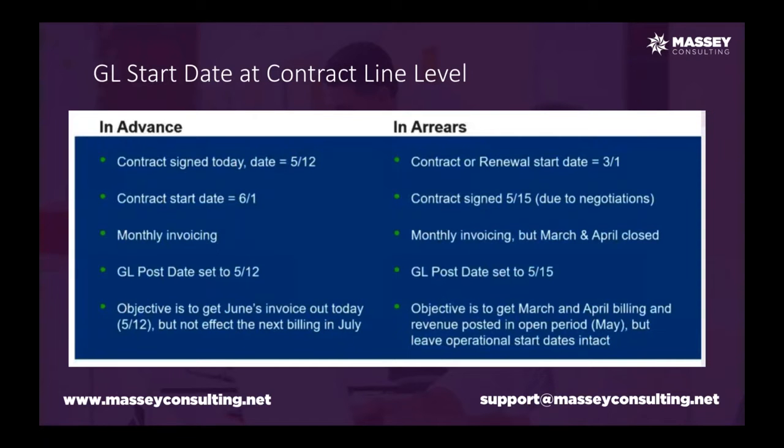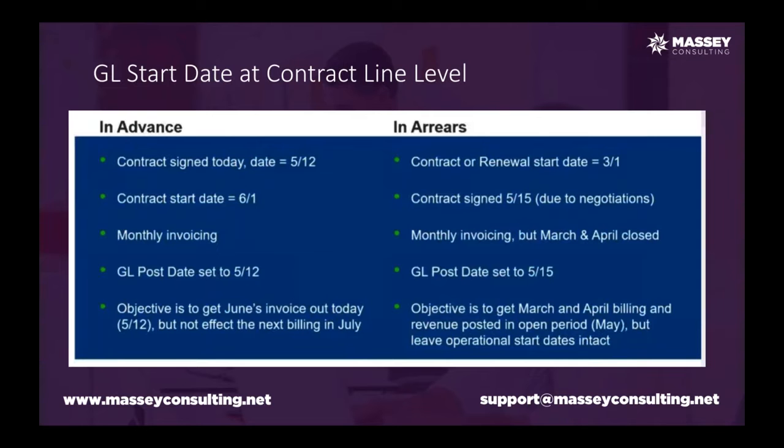So we want to go ahead and get this in the system so that we can issue this first invoice, we can get it booked into the system and into our books. So it's monthly invoicing. The GL posting date, we would put it to 5/12. We'd put the contract start date to June 1. That way we can go ahead and get June's invoice out today, get our payment in earlier, but then the next invoice isn't issued until July.